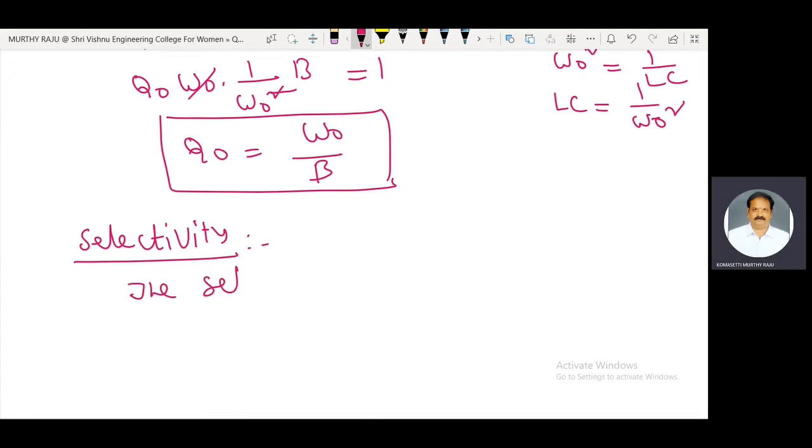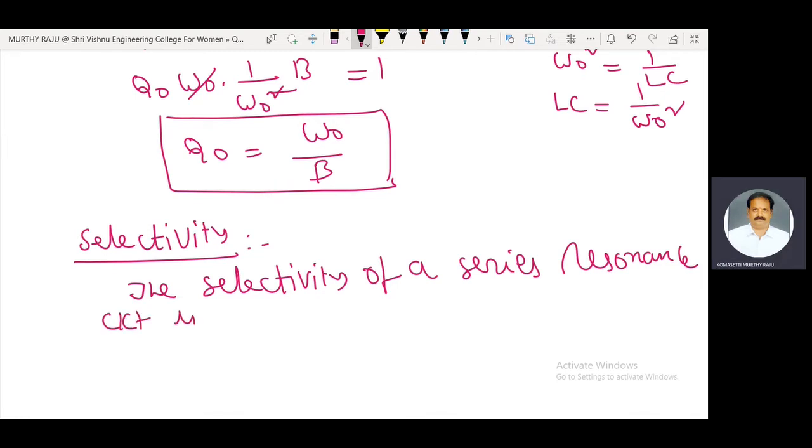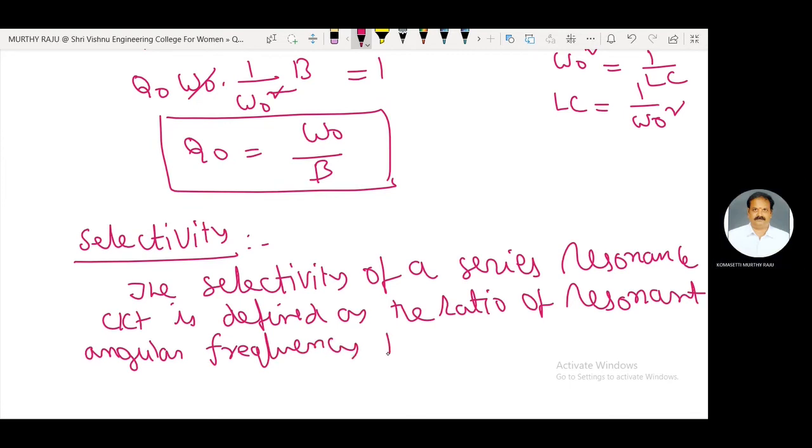The selectivity of a series resonance circuit is defined as the ratio of resonant angular frequency to the bandwidth of the circuit.